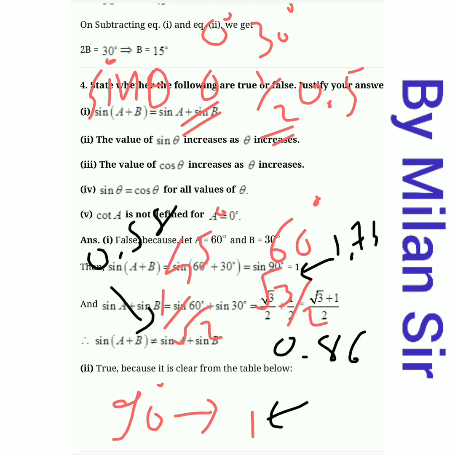So if we increase theta, that means 0, 30, 45, 60 and 90, sin theta increases: 0, 0.5, 0.58, 0.86 and finally 1.